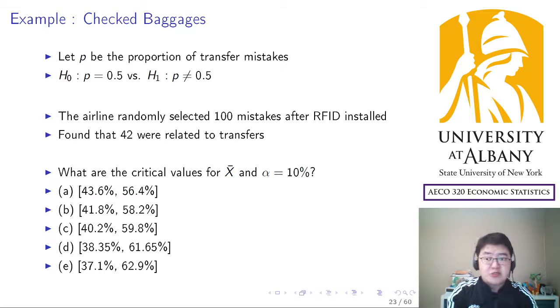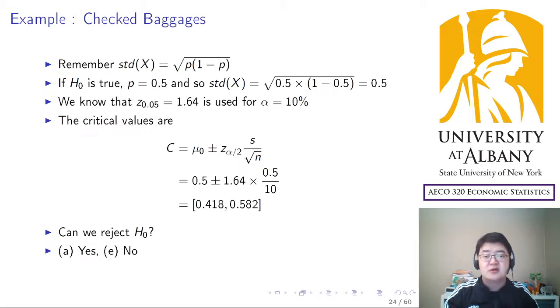So in this question, everything is the same. You may use the same formula except for the standard deviation. Because the underlying distribution is a binary distribution, you have to use the standard deviation formula from the binary distribution chapter.